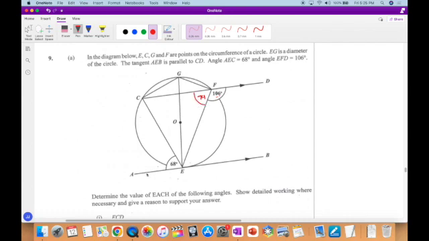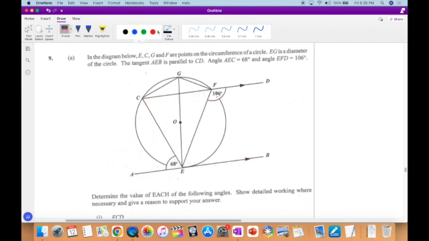But if you have a tangent, and that tangent is forming a 68-degree angle with this chord, right? Then the angle subtended by that chord, which will be this angle here, is supposed to be equal to this. So this is supposed to be 68 degrees.